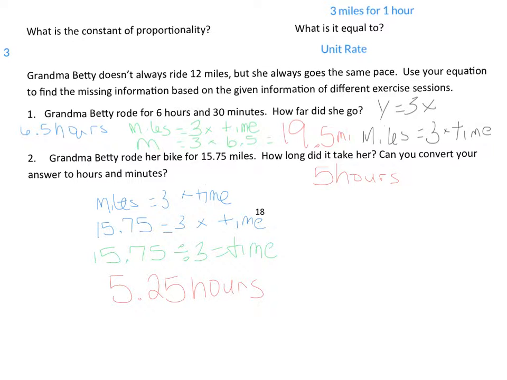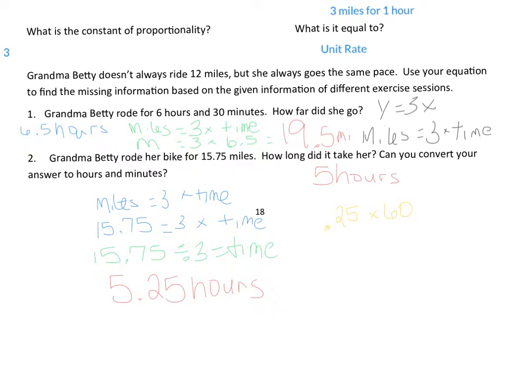Decimals are based on out of 10, because it goes tenths, hundredths, which is 10 times 10, thousandths, which is 10 times 10 times 10. So we say that decimals are base 10. Because you have these different amounts to measure, it's not as simple as saying it's 25 minutes. What we have to do is multiply our decimal, which is 0.25, times 60, because there's 60 minutes in an hour.